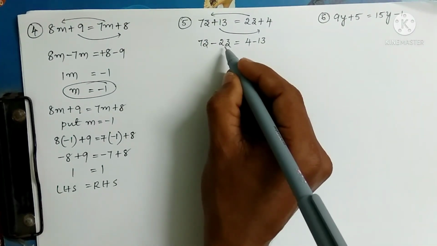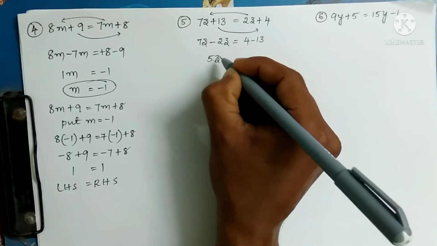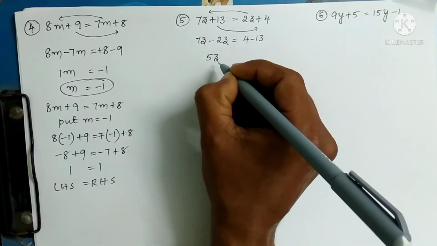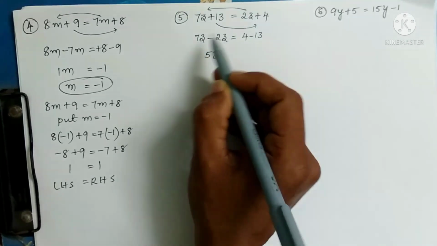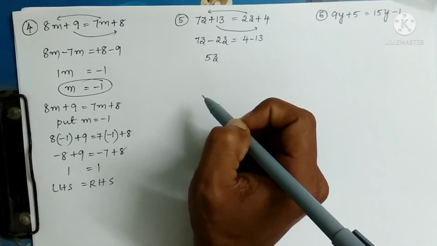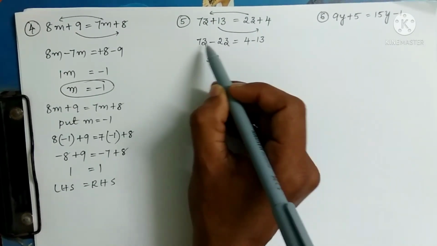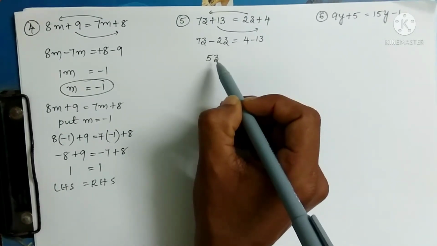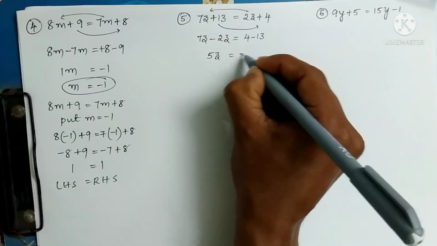Now 7z minus 2z is 5z. We write the variable as it is, because 7z and 2z are like terms having the same variable, so we subtract only the constants. 7 minus 2 is 5 and write z as it is, which is equal to 4 minus 13 is minus 9.